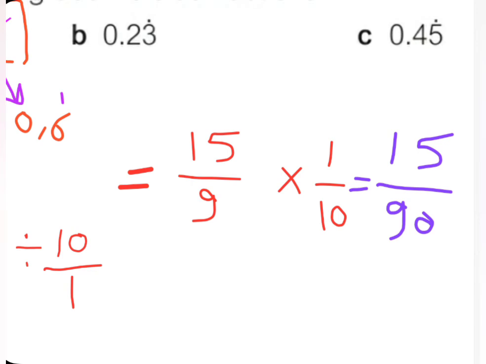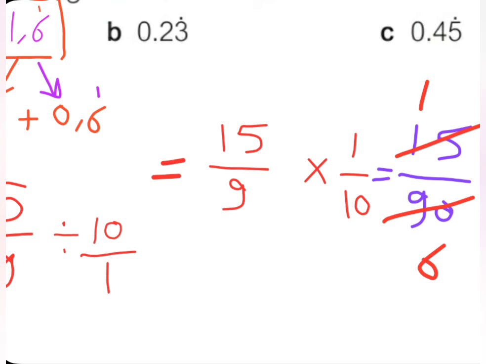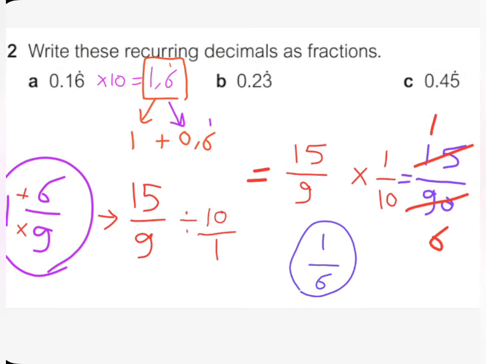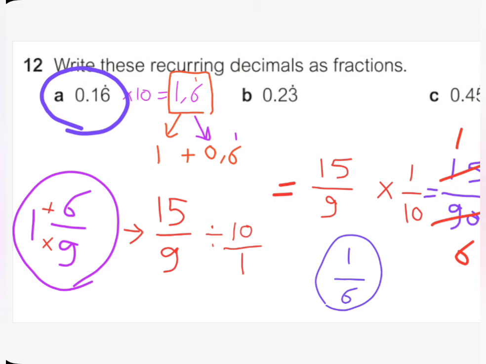When you divide by 15, you get 1. When you divide 90 by 15, you get 6, because 90 is 15 times 6. Very good. So the fraction will be 1 over 6. And this is the fraction of this recurring decimal.